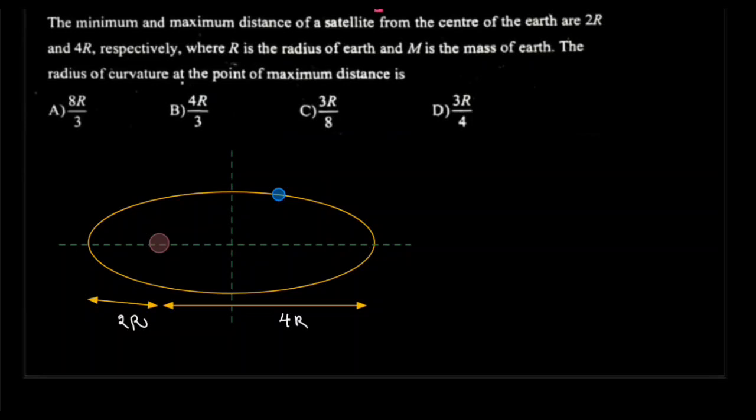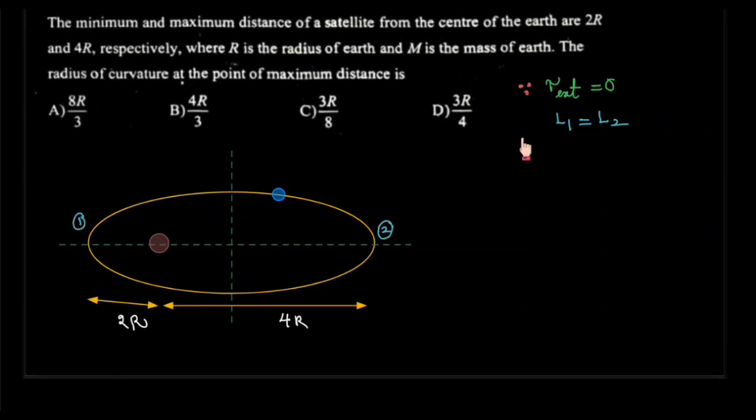Since there are no external forces, therefore torque external will be equal to 0. Torque external is 0, so angular momentum is conserved. Therefore L1 is equal to L2; take this position as 1 and this position as 2, right?